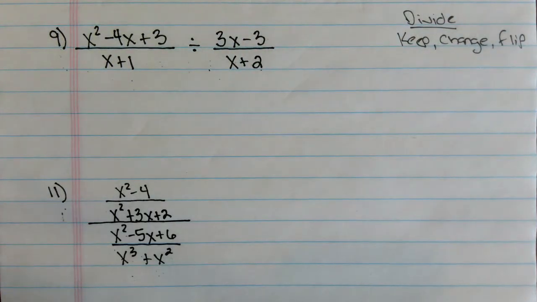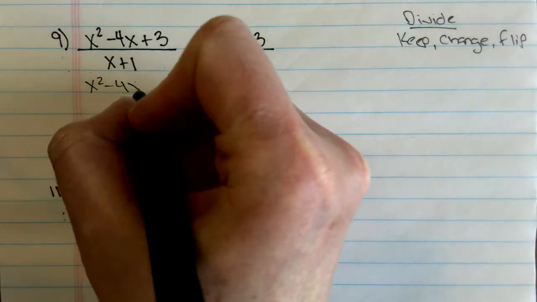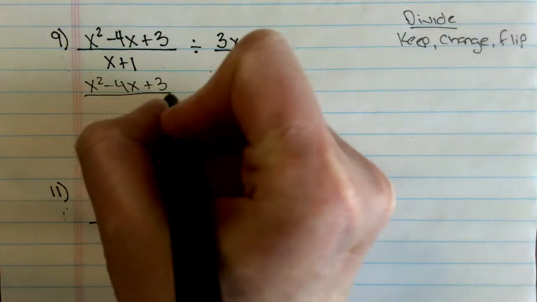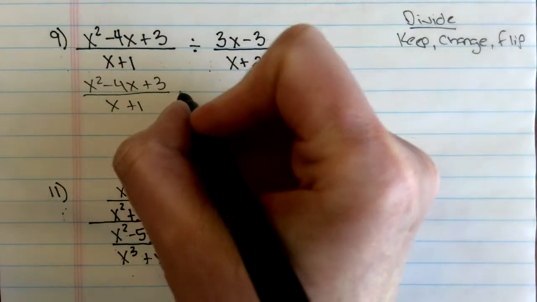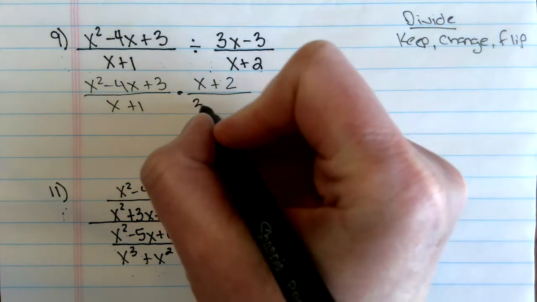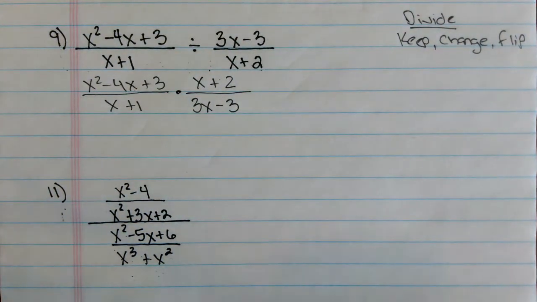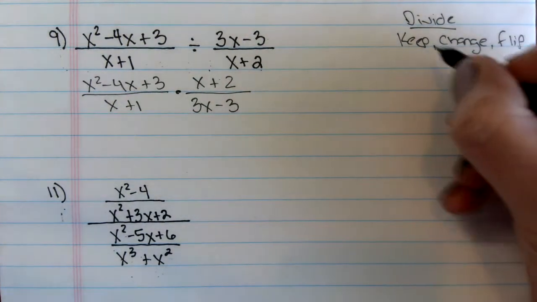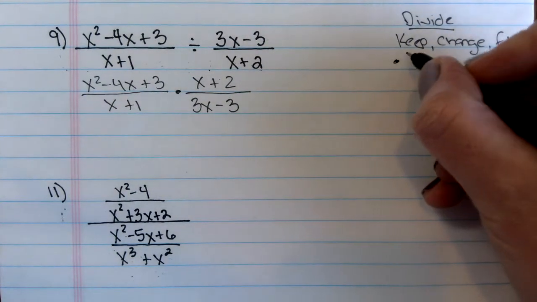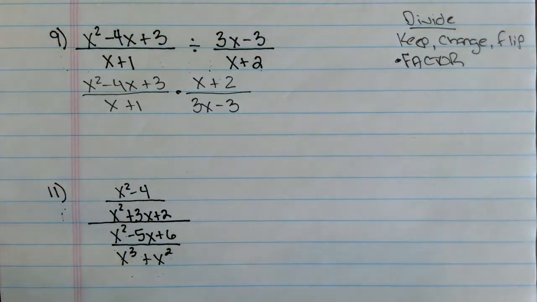So I'm going to rewrite this as x squared minus 4x plus 3 over x plus 1 times x plus 2 over 3x minus 3. Now I'm going to factor everything that I can.